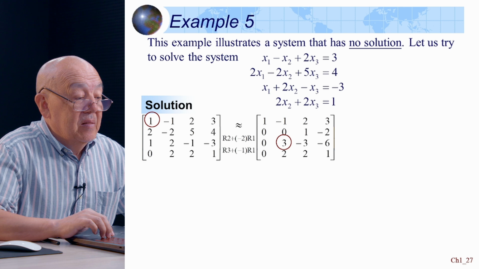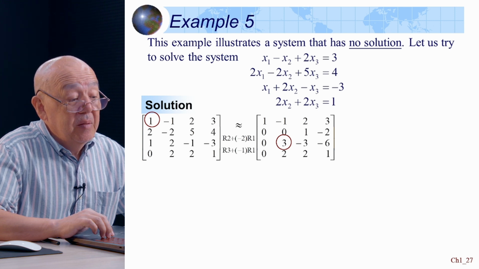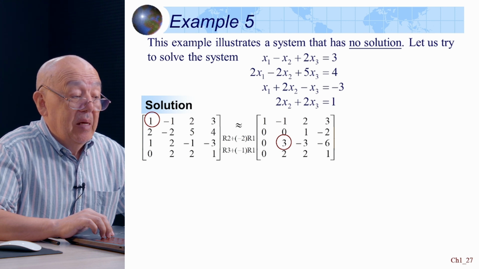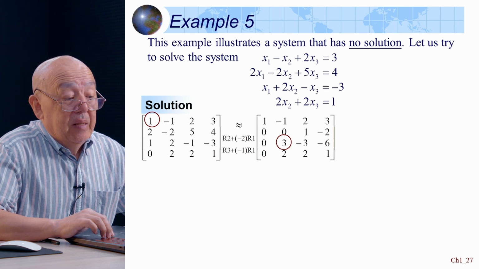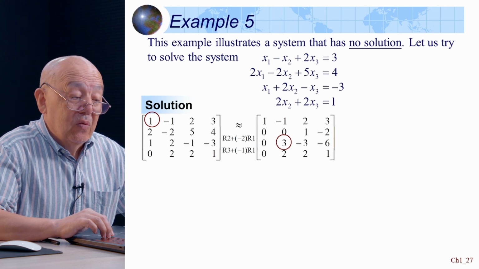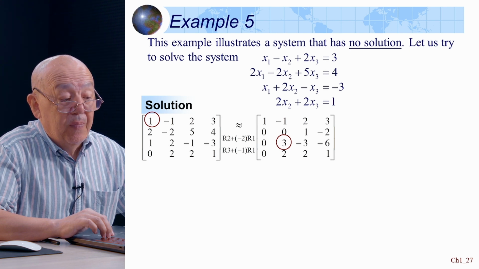So let's see this example of inconsistent system. So we have this matrix as augmented matrix. Use first non-zero entry of first row as a pivot. Clean first column. Then find that the first non-zero element of second column is on third row, so we have to interchange second and third.